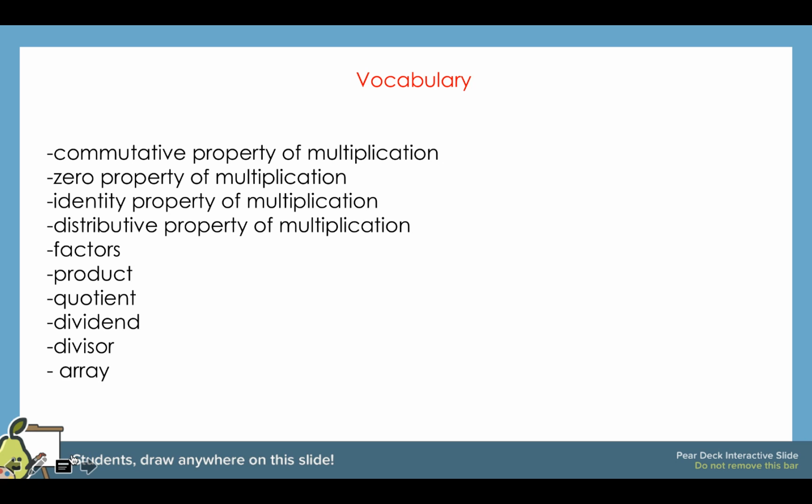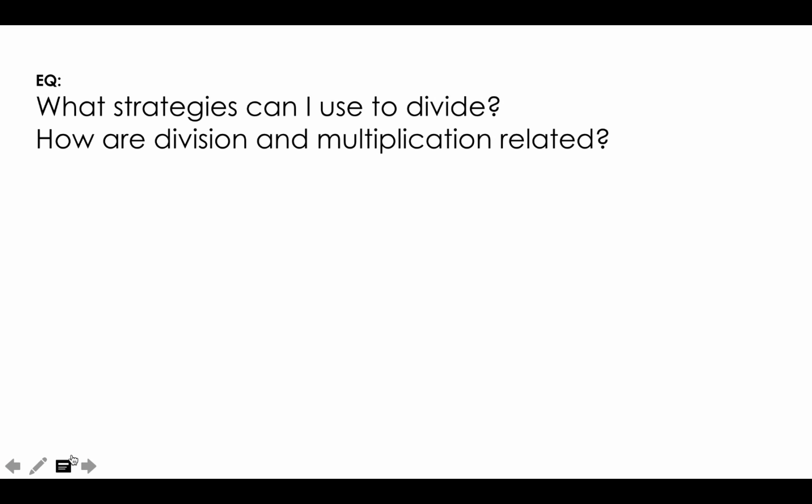And an array is where you have your rows and you have the same amount in each row. So, what strategies can you use to divide? You can use repeated subtraction. You can draw groups. You can draw an array. You can use the inverse operation to figure out the missing parts in a division problem.